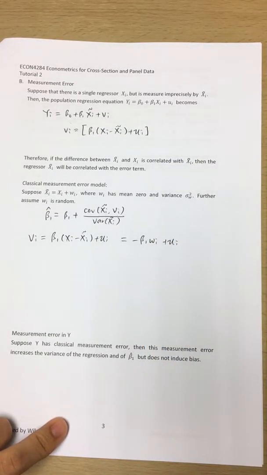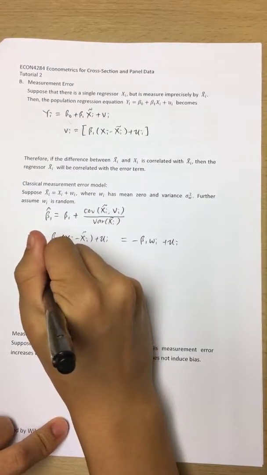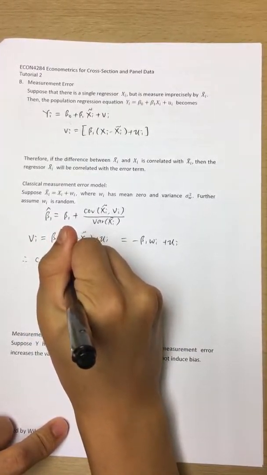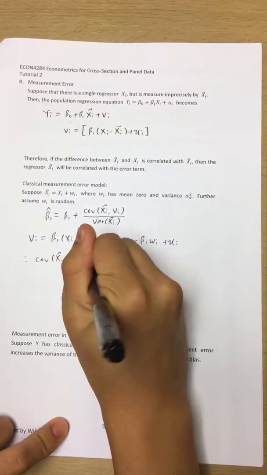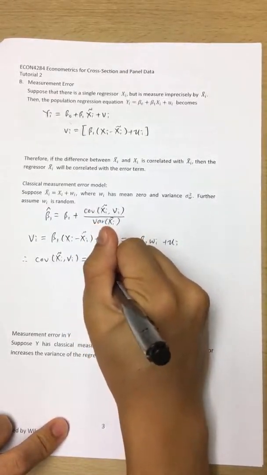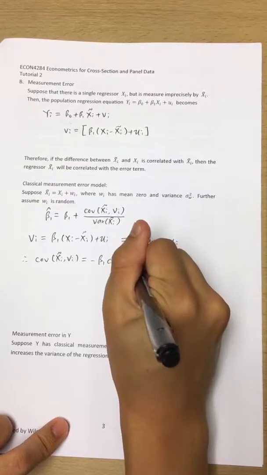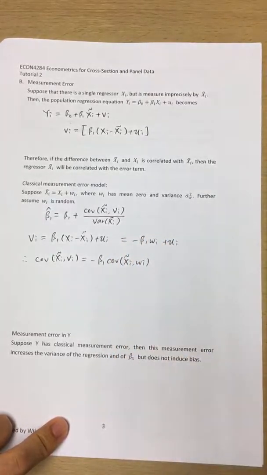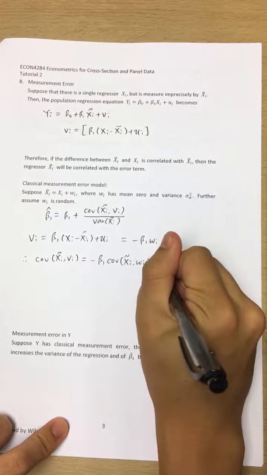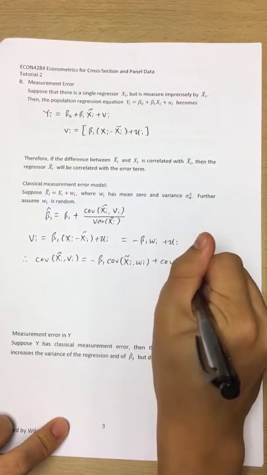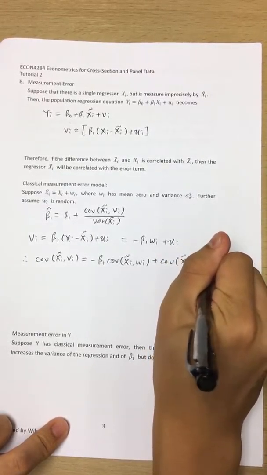So here you can see that the covariance of xi tilde and vi would be equal to negative beta 1 times the covariance of xi tilde and wi, plus the covariance of xi tilde and ui.